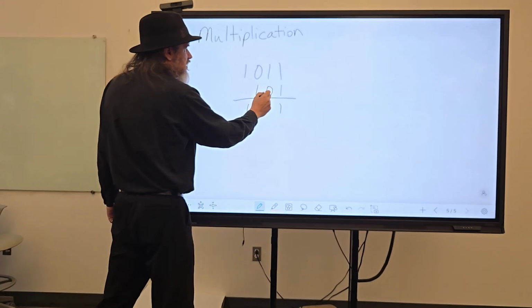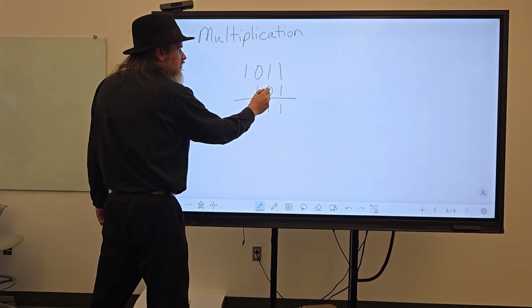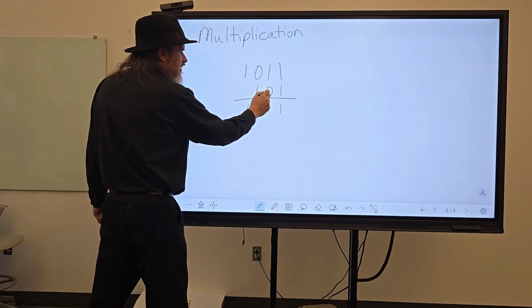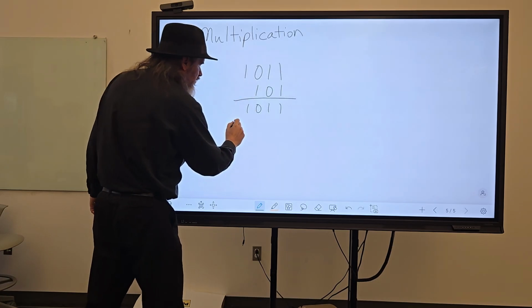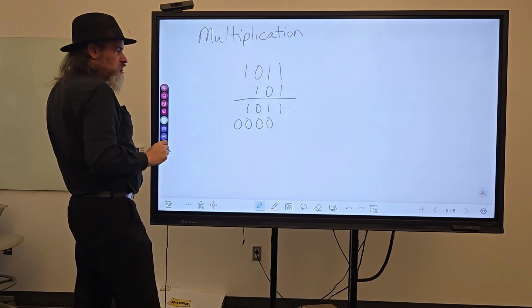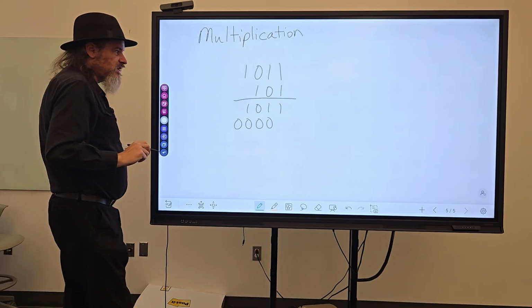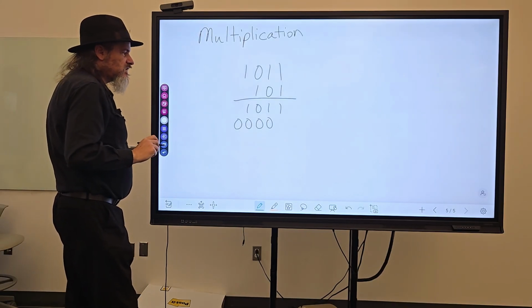The shift and add method, you would then go to the second digit of the second factor. 0 times that is zeros, shifted over one position because it is the second digit.